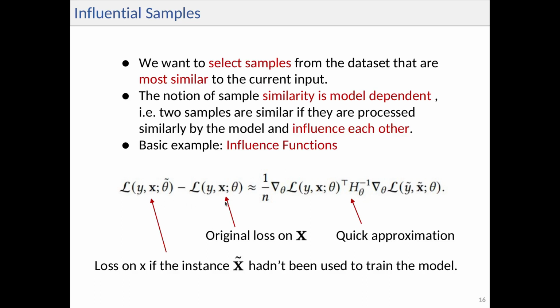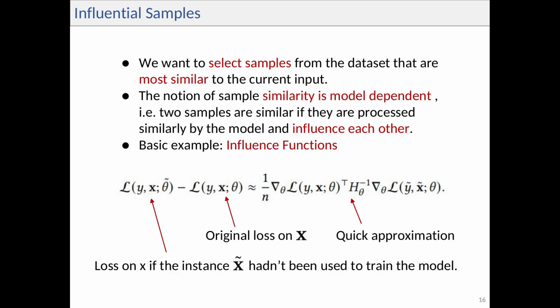And we want to say, what's the difference between that and theta tilde, which is the loss if I didn't have a certain instance x tilde in my dataset. So I'm trying to evaluate how much x tilde would influence the training for x, which in a way tells you the similarity, from the perspective of the model, between x and x tilde.